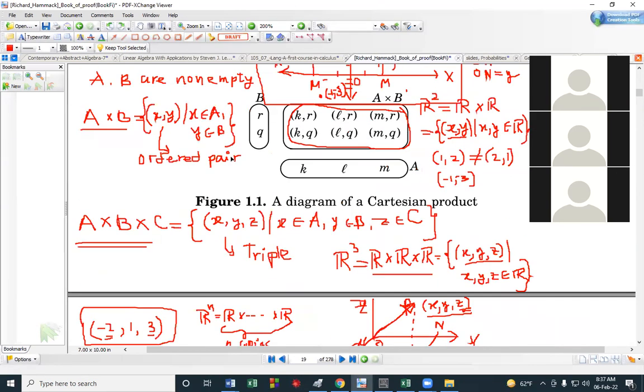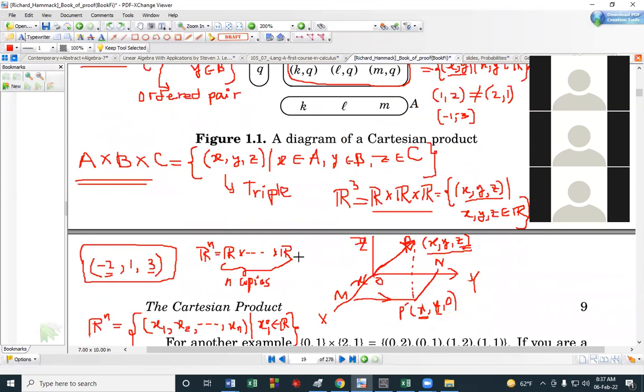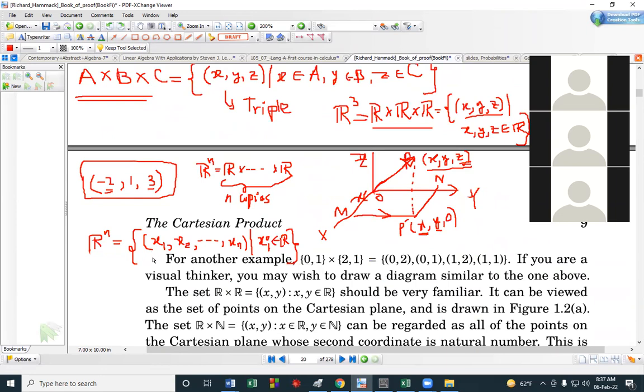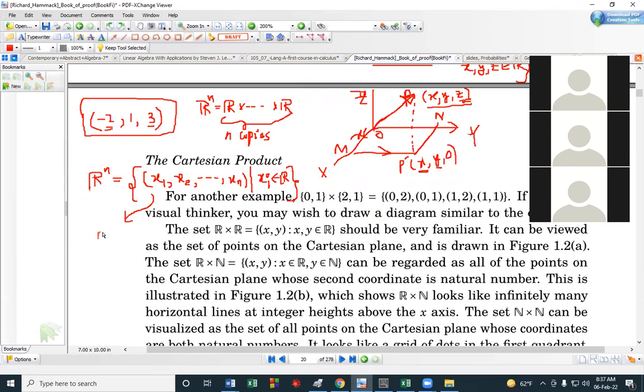So here we said it is an ordered pair, an ordered triple. In general, we call it n-tuples. Sir, what symbol did you use to mean x1 in general? All of the x's belong to the real numbers. Right, xi's, where i is from 1 up to n. Yes, I should have written this part too. Yes, n-tuples.